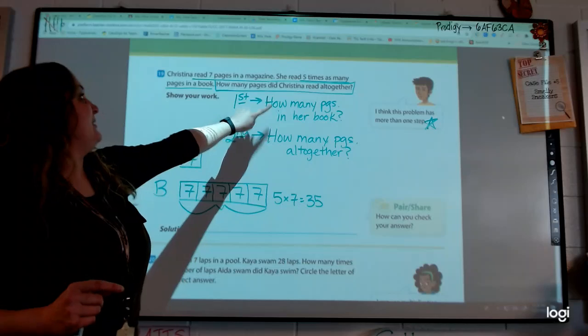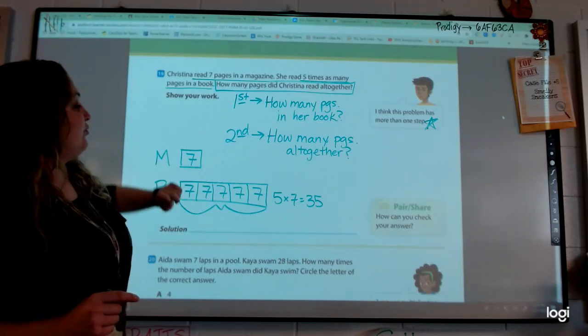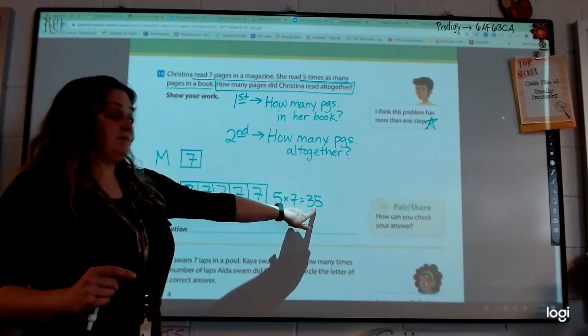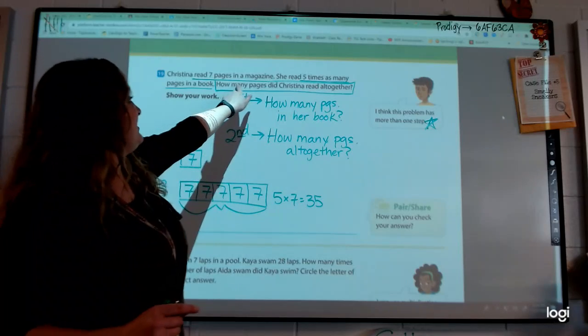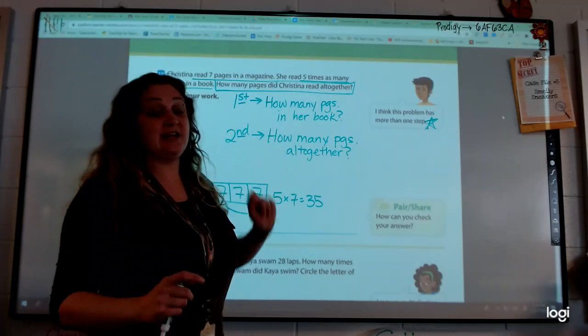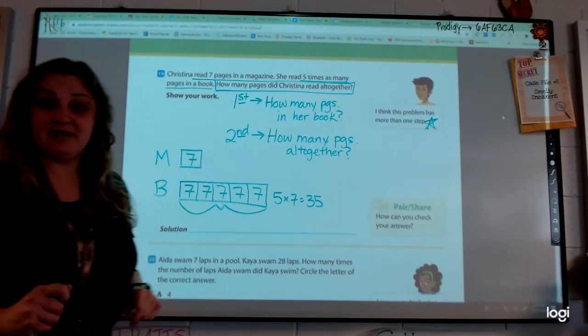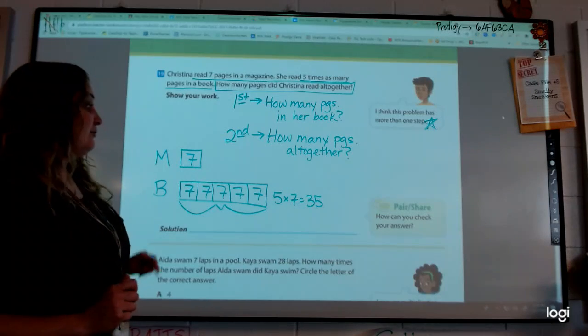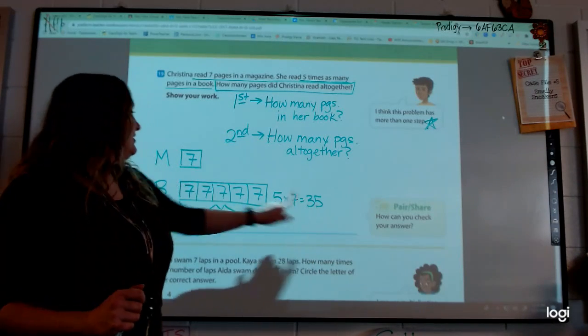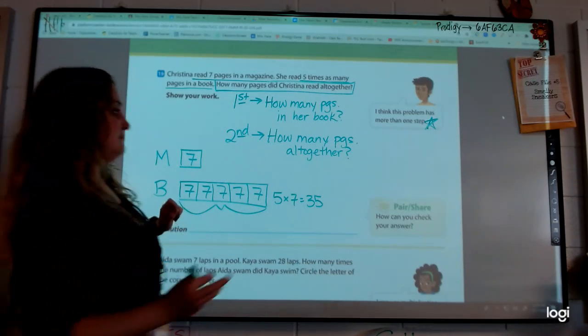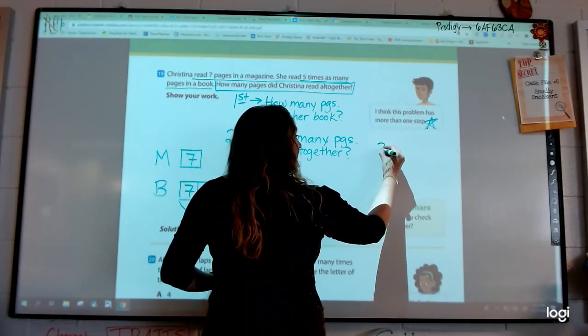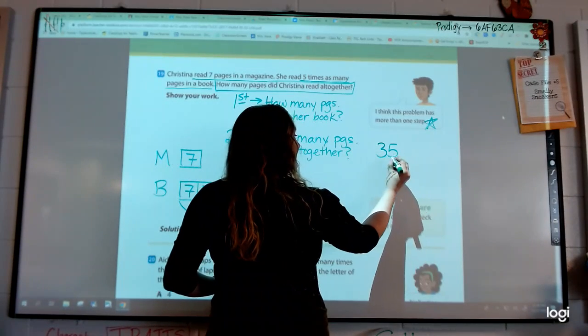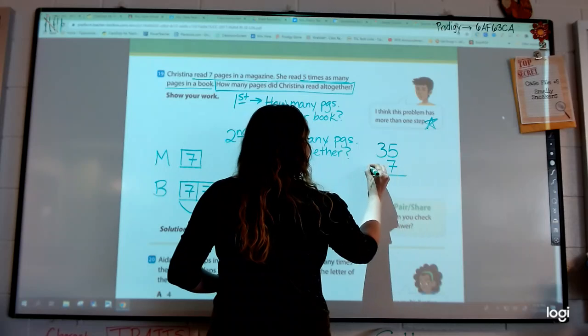So now we know how many pages she read in the magazine. We know how many pages she read in the book. And our final answer needs to be how many pages she read altogether. So the last math operation we will need to do will be to add the number of pages in the book to the number of pages in our magazine. So you can write your addition problem right over to the side. 35 plus 7.